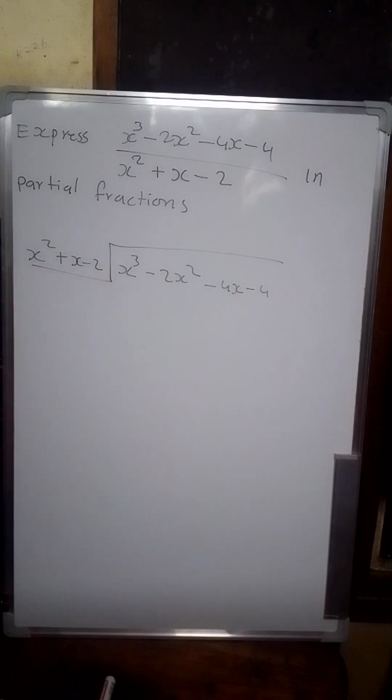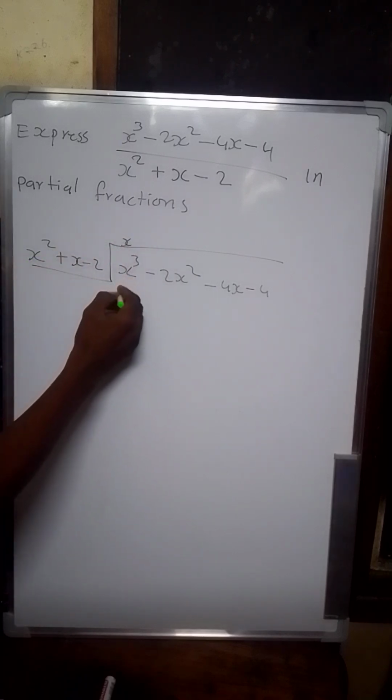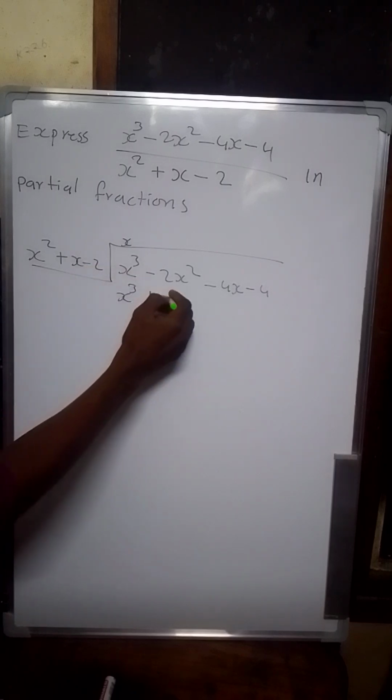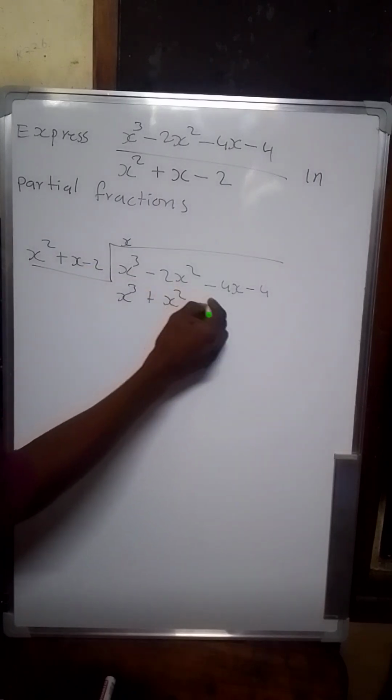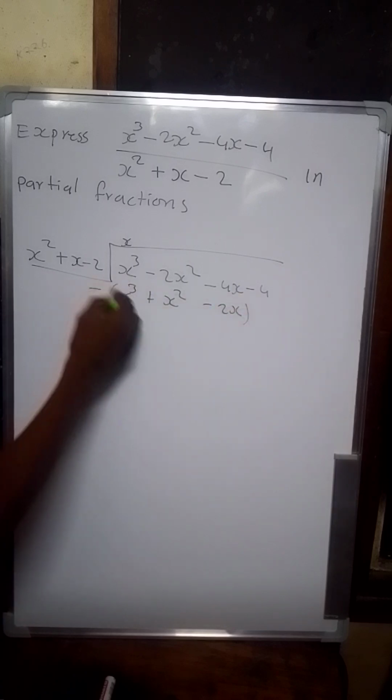This into this gives us x, and then x multiplied by this is x to the power 3 plus x raised to the power 2 minus 2x. Here we subtract.